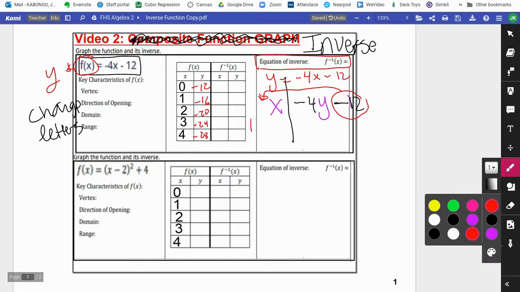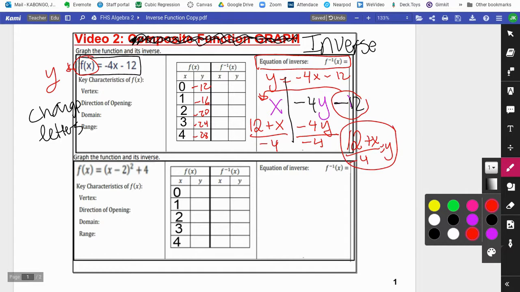So now you have positive 12, and you still have the x here. And you still have your negative 4y. Since we're solving for y, you're going to divide by negative 4. So really, you can say your final answer is 12 plus x over negative 4 equals y.